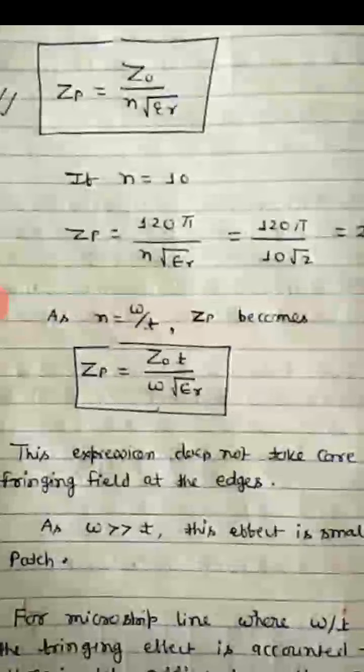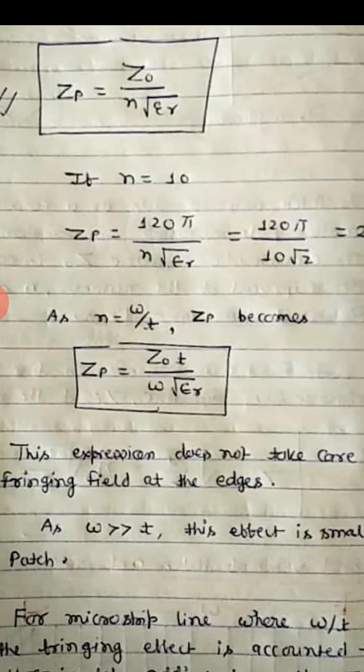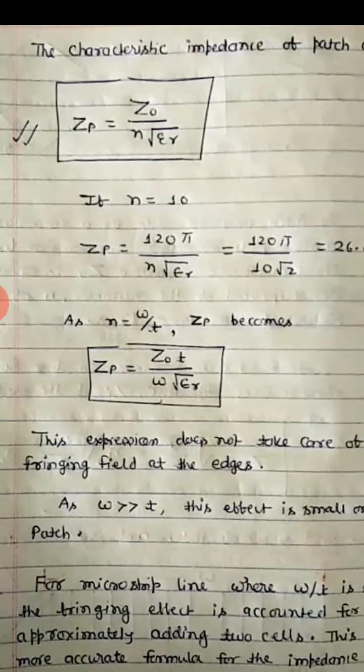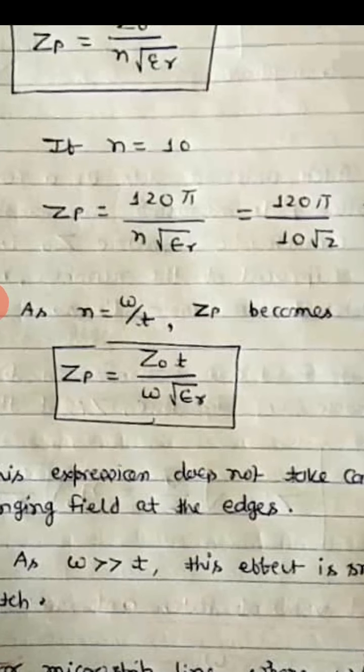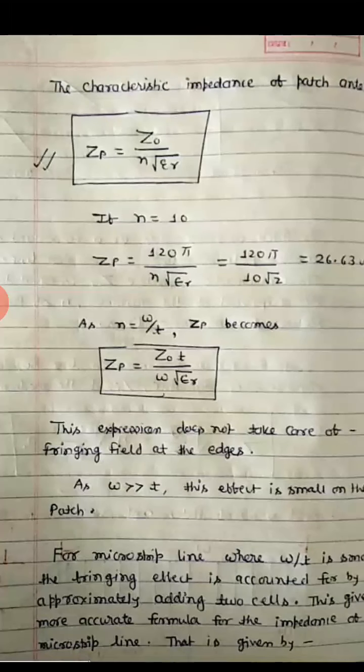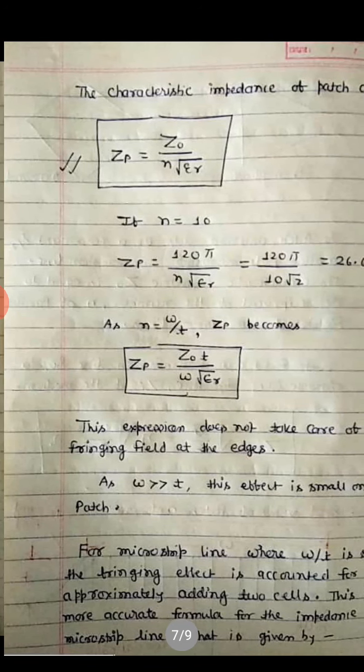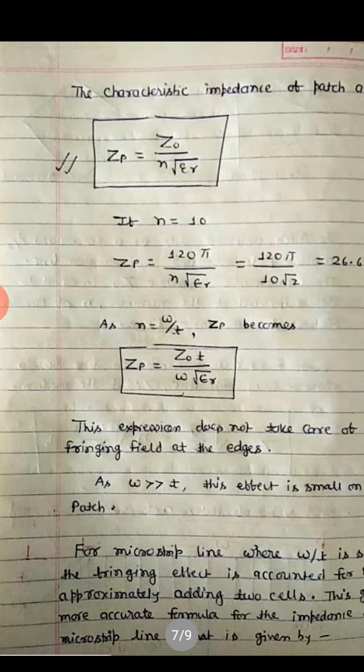If n equal to W by T, width by thickness, then Zp becomes Zp equal to Z naught T by W under root of epsilon R. This expression does not take care of the fringing field at the edges.